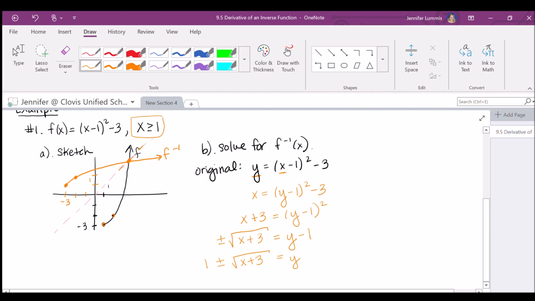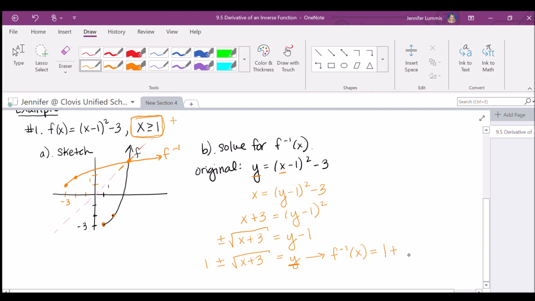All right, so if x is greater than or equal to 1, then x is a positive value. So I want to keep those positive values for y over here, and we'll go through that a little bit more in a moment. So y is actually my inverse now, f inverse of x.